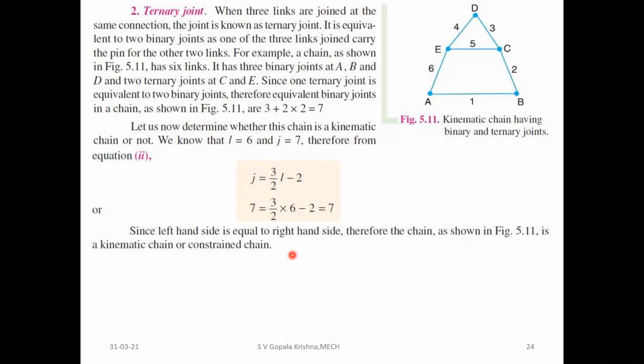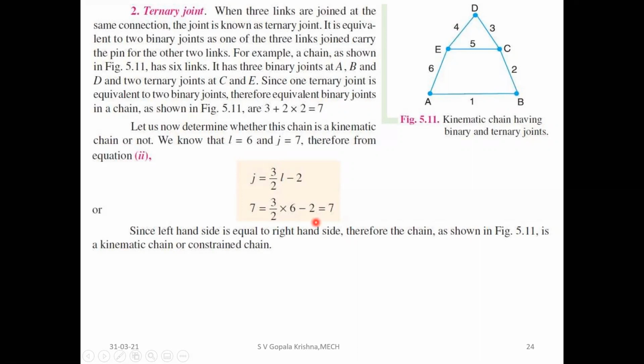So this is a constrained chain, meaning the mechanism will definitely work with the help of this frame.